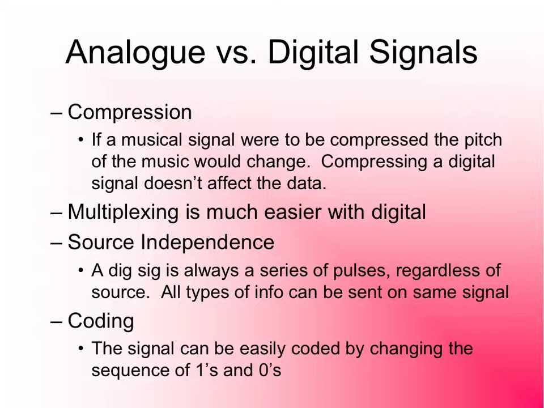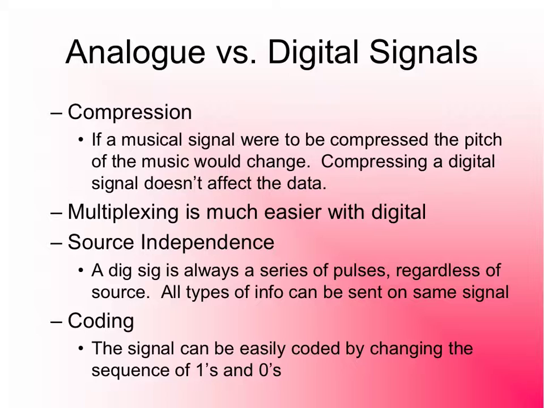Some other points with this: the coding of the signal can easily be changed by changing the sequence, but you can also mess up the coding. It's source independent, which is a big thing. You can send any type of information in a digital format. You can't send a video on a magnetic cassette tape.